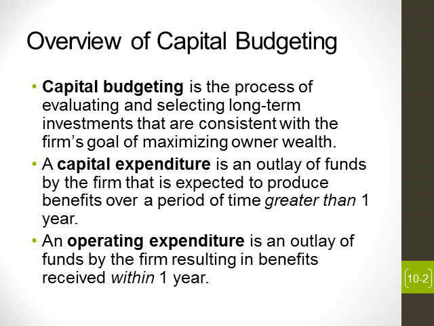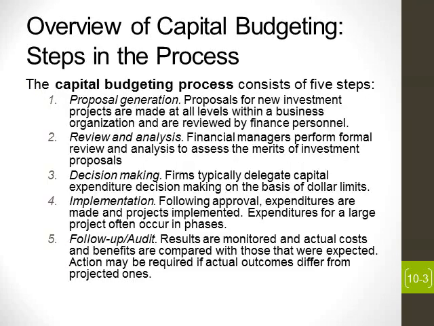So for example, you will have to pay your employees who work in that factory, you'll have to pay for the suppliers and so on and so forth. This would be an example of operating expenditures. Those would be the recurring, day-to-day usual expenditures which are common in the nature of your business.